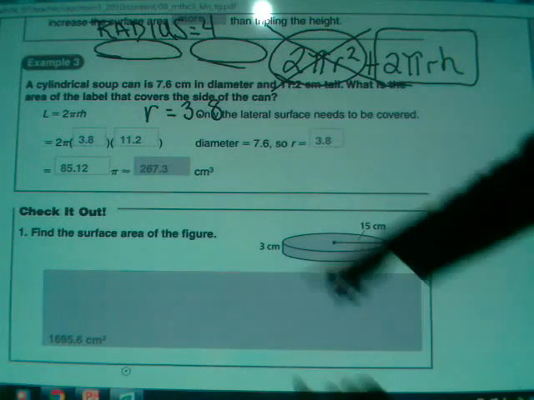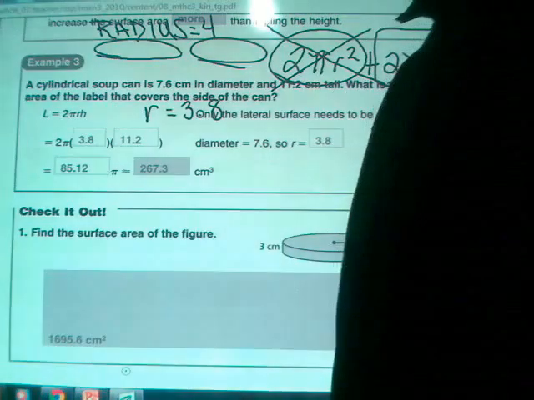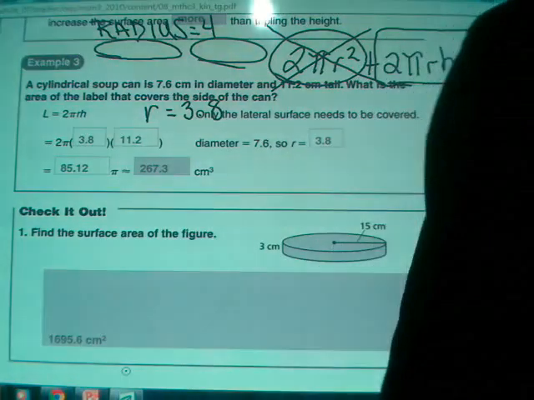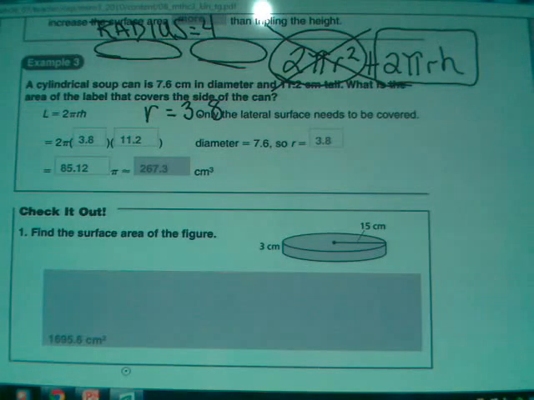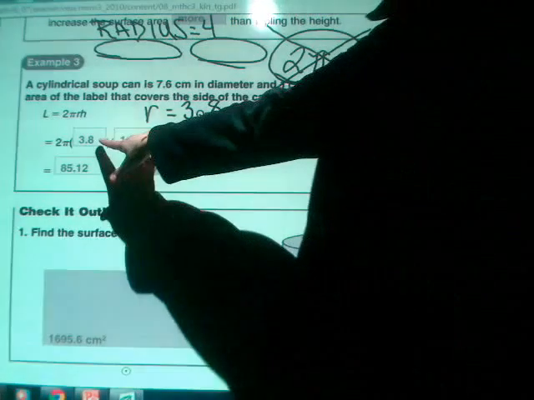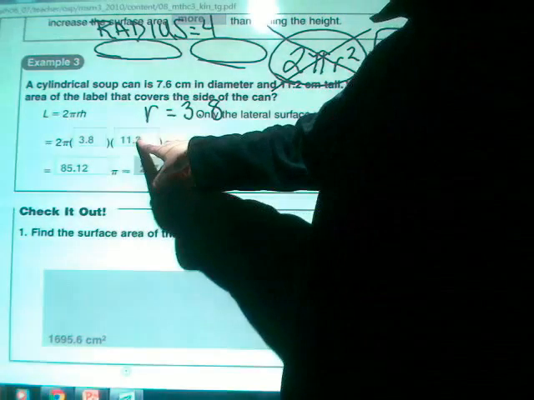So, plug in our numbers. 2 times pi, which is eventually going to change into 3.14, times the r number, which is 3.8, times the h number, which is 11.2. Now, as you can see in the answer line there, they're showing you the answer with and without pi. What they've done here first is 3.8 times 11.2 times 2, which is 85.12, but conjoined it with pi because they haven't done the 3.14 bit yet.